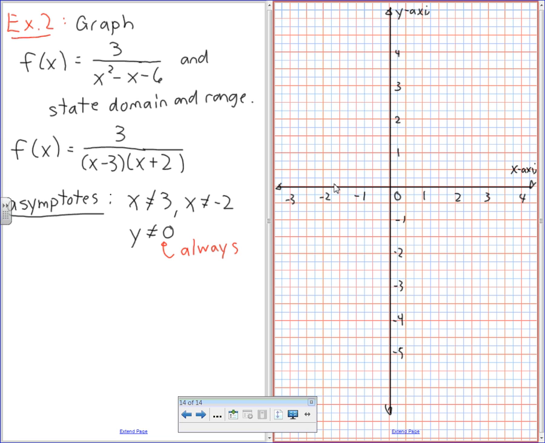So what I'm going to do here is draw a little dotted line across like this, and this is going to say y cannot equal 0. I'm going to label that in there. That's like a magic line that the graph's not going to cross. I'm going to draw another line just like this, at -2.